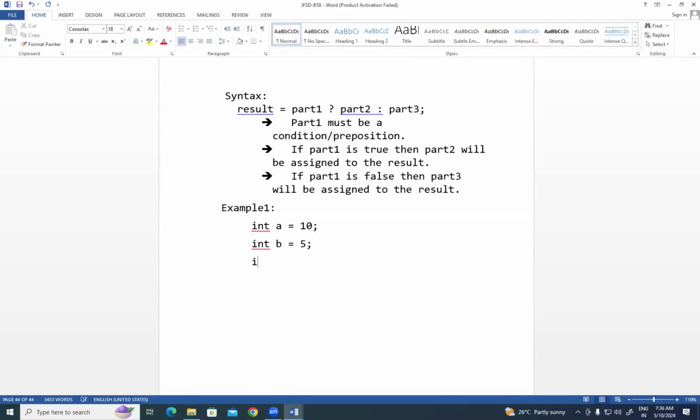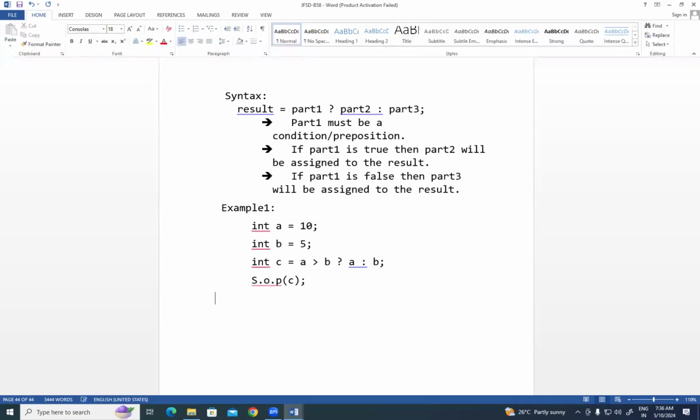Look at this, I'm writing int c equals to a greater than b, question mark, a colon b semicolon. And System.out.println of c. Folks, am I clear?